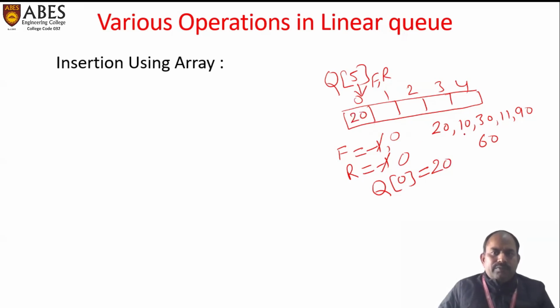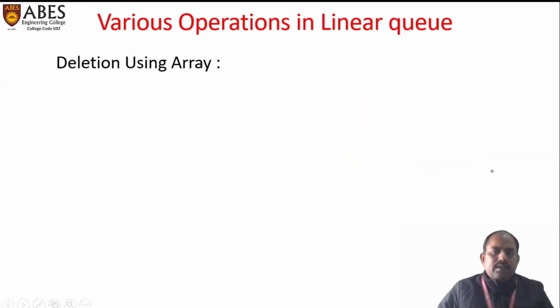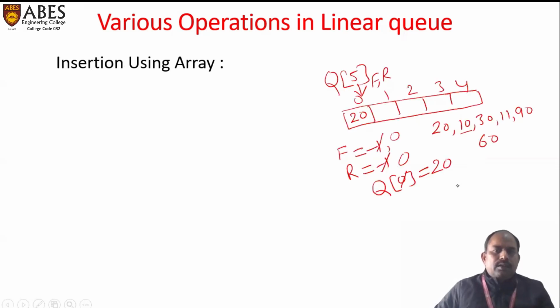Now, if you want to insert 10, then we can insert this element 10 at the rear end only. So we increase the value of rear only; front remains at the same position. We just increment the value of rear from 0 to 1, and here we can insert the next array value 10.